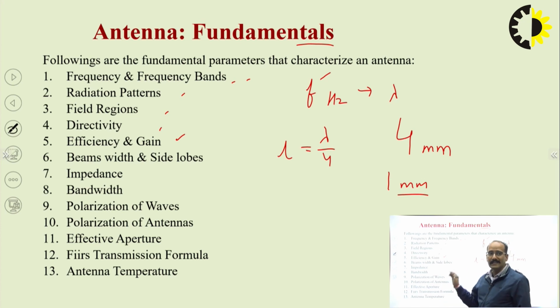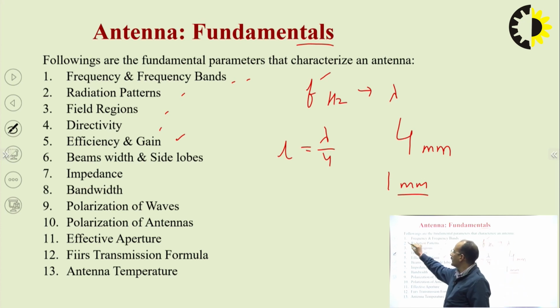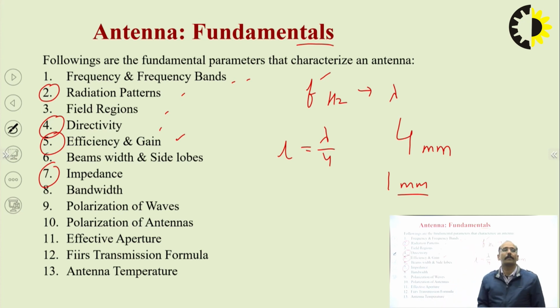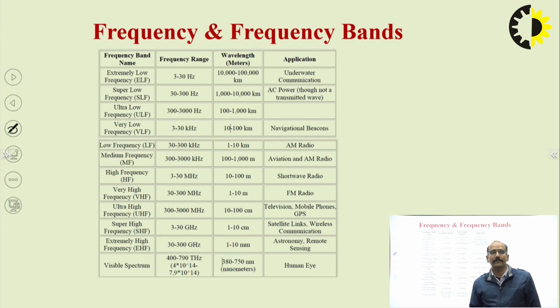In these parameters, radiation pattern, directivity, efficiency, gain and impedance are very important topics which are continuously asked in previous examinations. So we are going to consider all of them one by one.